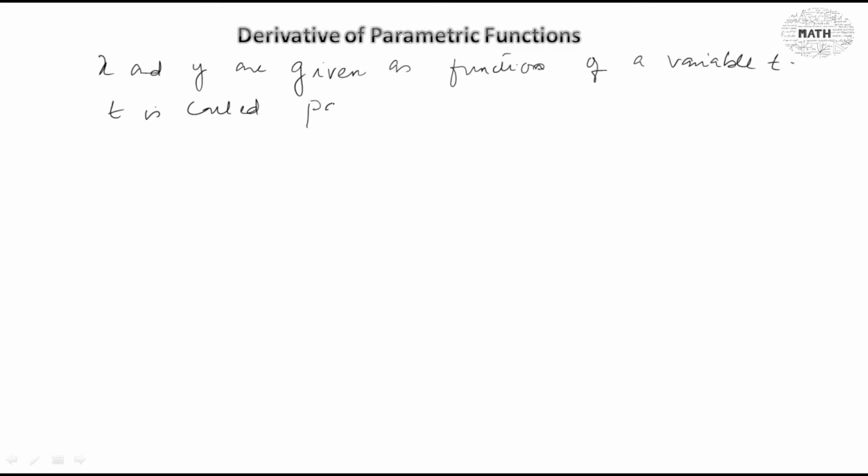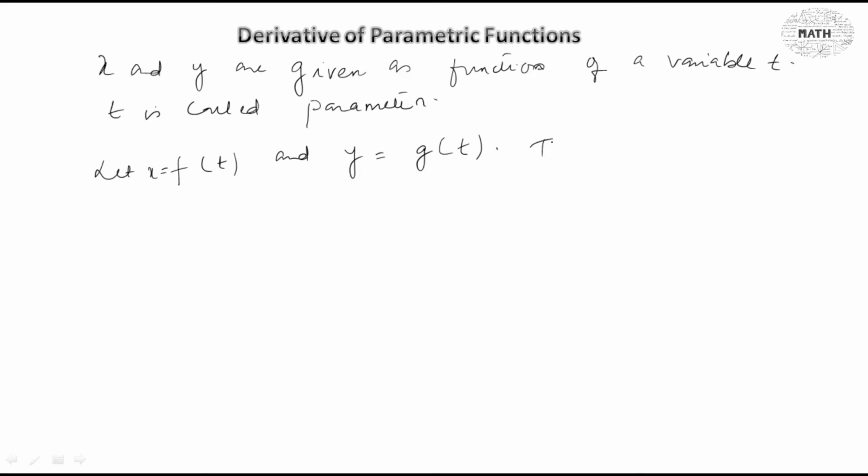The next topic is the derivative of a parametric function. As we know, x and y are given as functions of a variable t, so t is called the parameter. Let x is equal to f of t and y is equal to g of t.